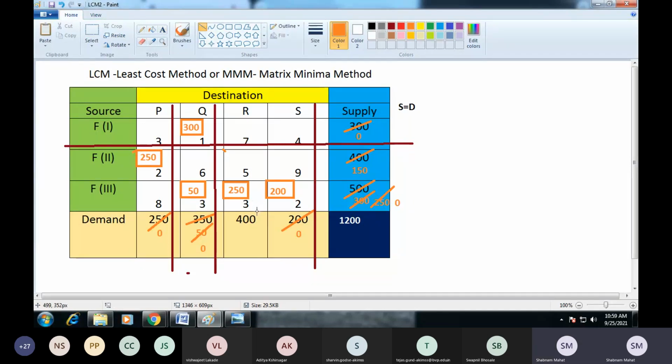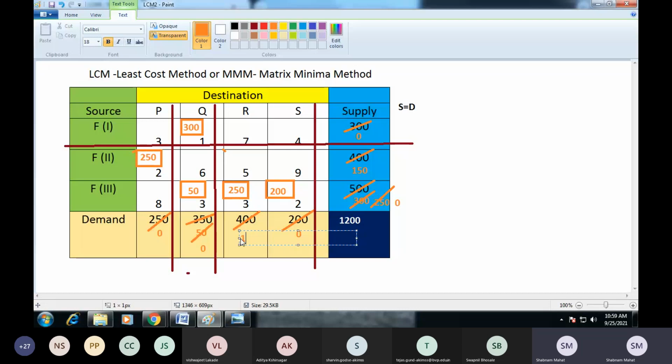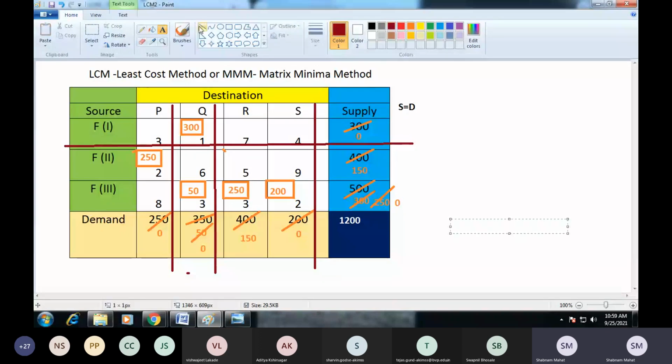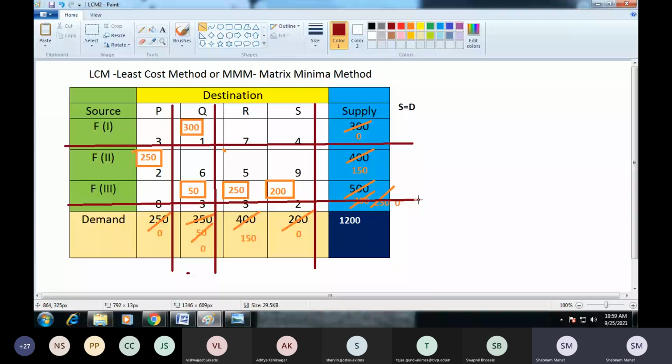If I provide a total of 250 units, the remaining demand value is 150 units. First of all, check that factory 3's supply capacity is fulfilled. So again I cancel that from my calculations. Factory 3 is cancelled from my calculation.